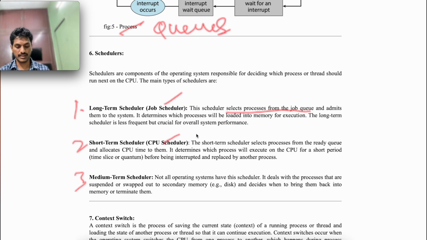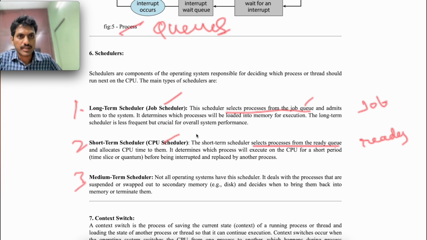Okay, let's go to the second one, the short-term scheduler. This selects a process from the ready queue. You remember these words, right? Here it is selecting from the job queue, and here from the ready queue.